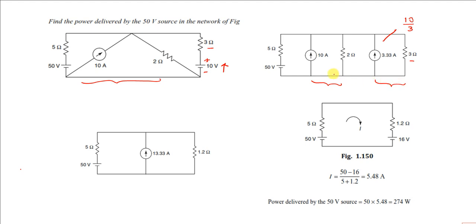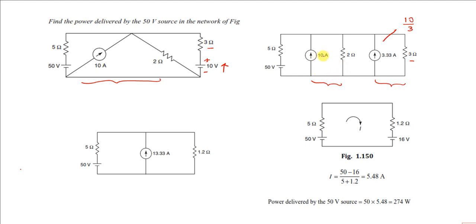What is the advantage? We already know that in parallel, currents can be added, and in series, voltages can be added. Between this node and this full line, which is one node, top and bottom also, two currents are going upwards: 10 amps is going upwards, 3.3 is going upwards.